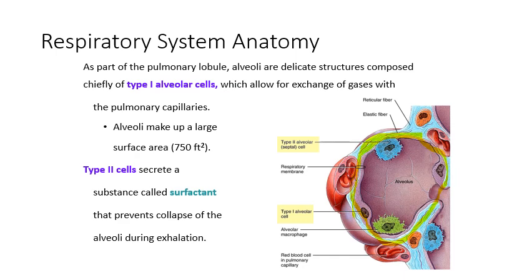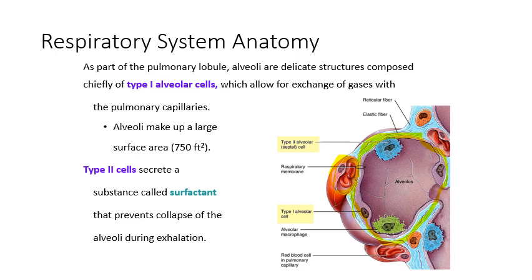Right, so these type 1 alveolar cells are the simple squamous epithelial cells that create the barrier between the alveolus, where the gases are, and the capillaries, where we want to get those gases into or out of. Type 1 alveolar cells are simple squamous epithelium that make up the walls of the alveolus.